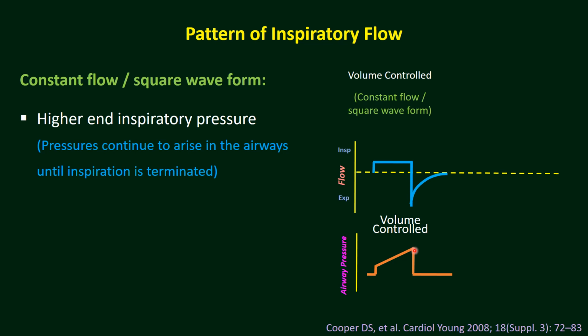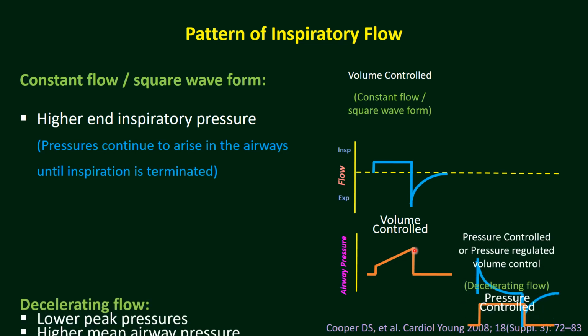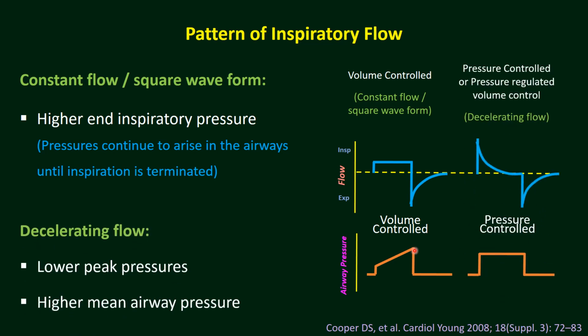The opposite is true in pressure limit ventilation. In pressure limit ventilation, pressure is fixed inside the lung. At the beginning of inspiration, maximum pressure is reached up to the point set by P peak or pressure control or peak inspiratory pressure, and that pressure is maintained uniformly during the whole period of inspiration. To maintain this pressure uniformly, flow has to be reduced over time.